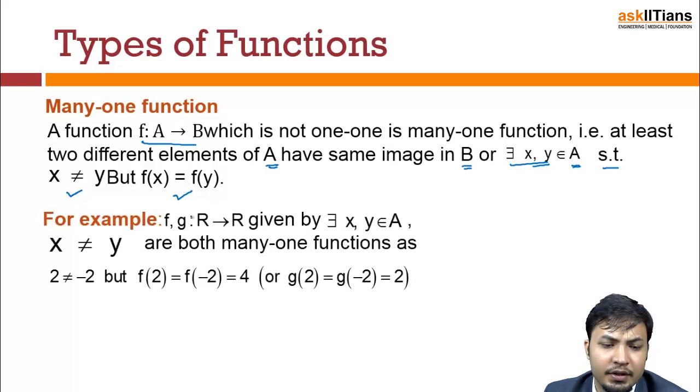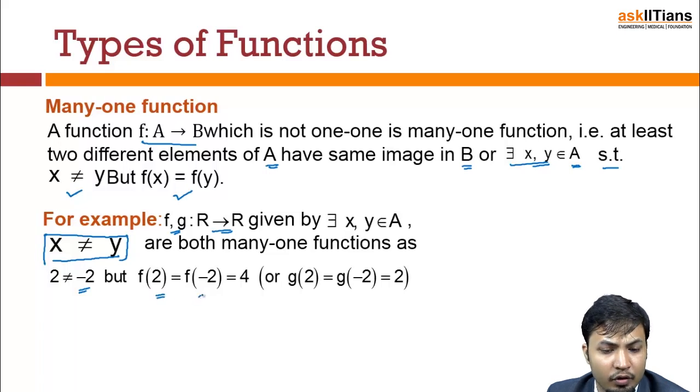Okay, let's look at the example. Let's say for some f or g from R to R, there exist x, y which belong in A, x is not equal to y, and they are both many one functions, as 2 is not equal to minus 2, but f of 2 is equal to f of minus 2 equals 4.